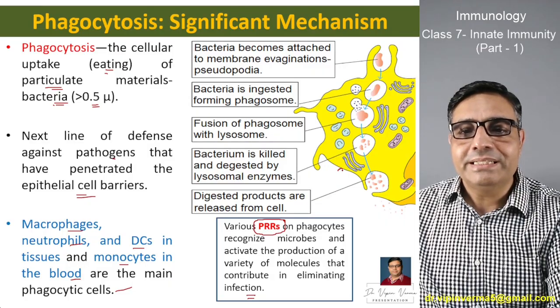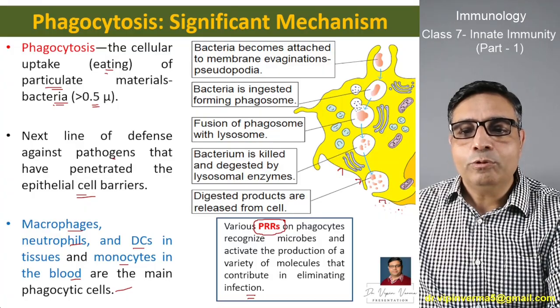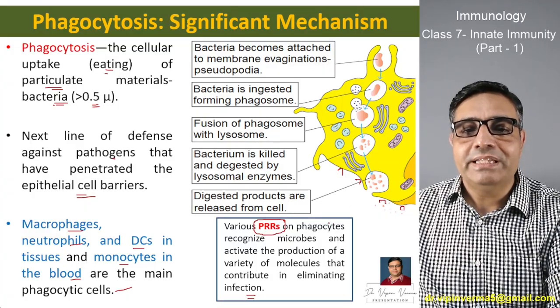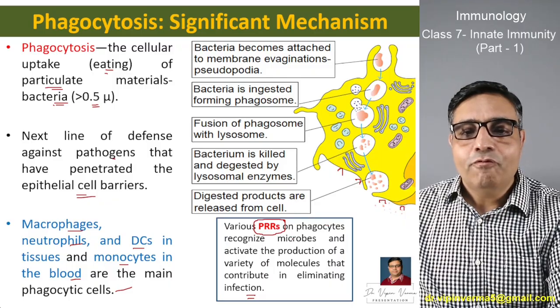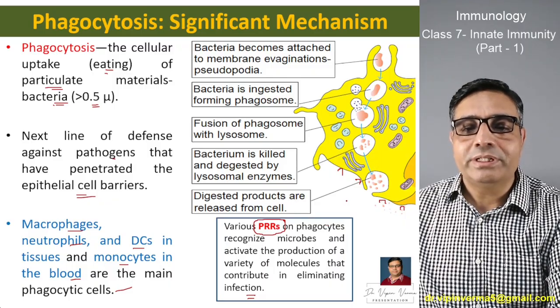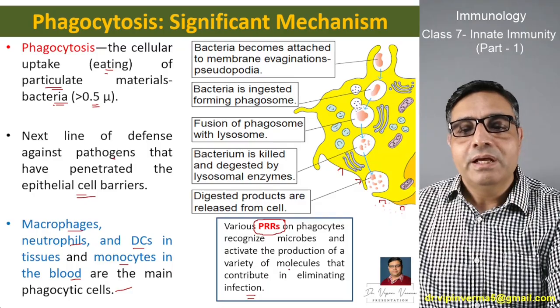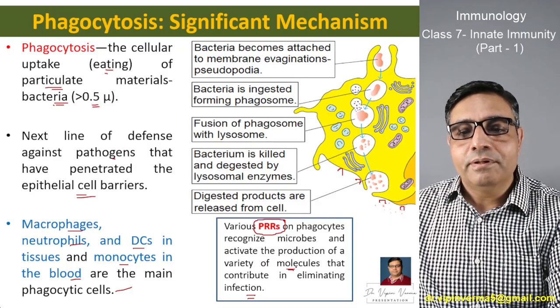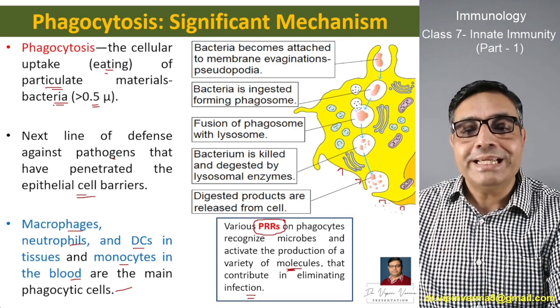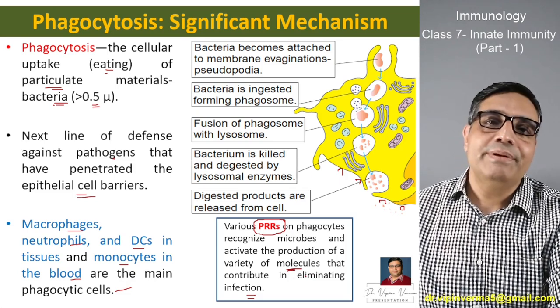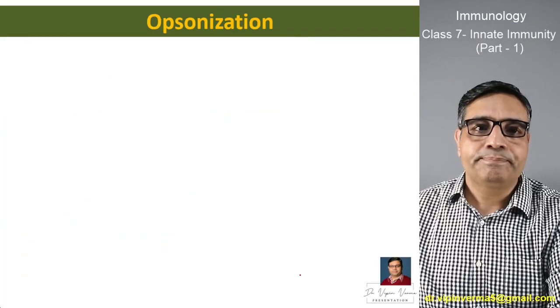They are basically the receptors which recognize the pathogenic components and bind with them, and once the binding happens, the production of a variety of molecules kicks in, which contribute to the elimination of the infection.